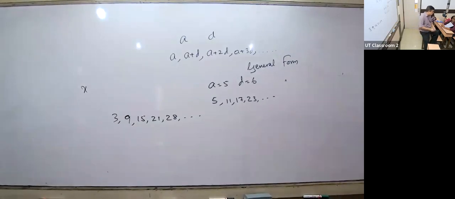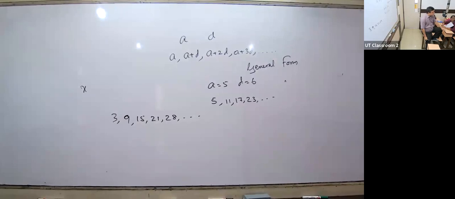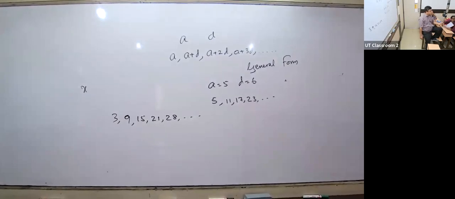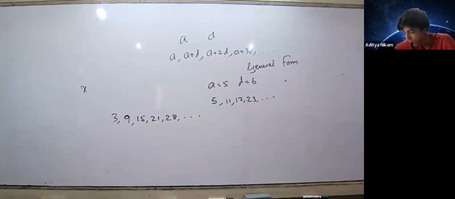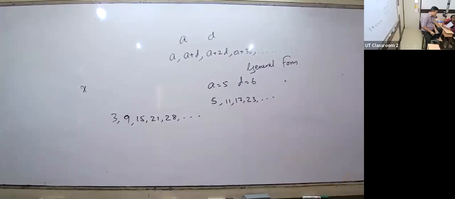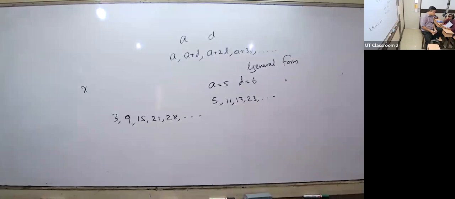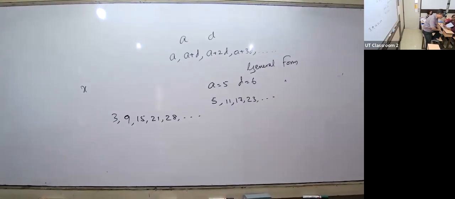T1 is the same as A. It is always A in an AP. What is the common difference? We assumed it, so here also we assume it. Then write the common difference as A2 minus A1.